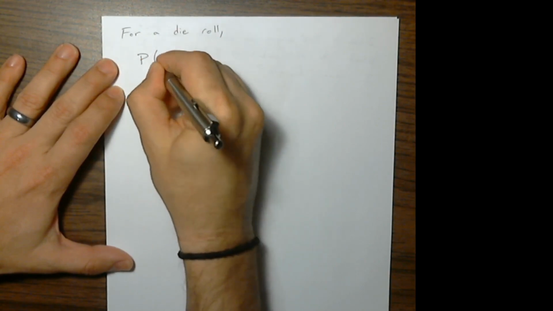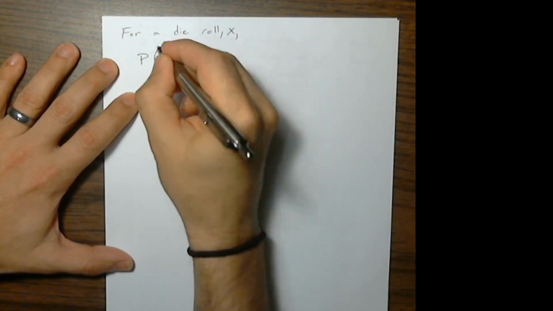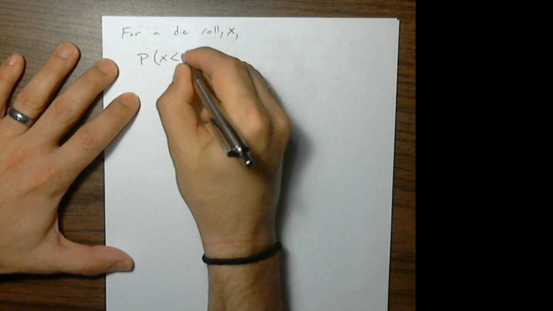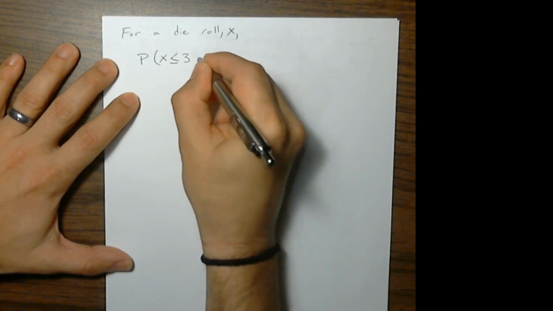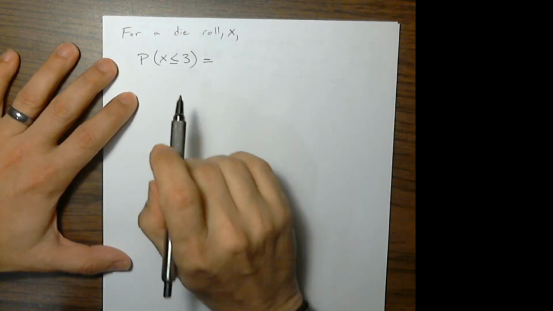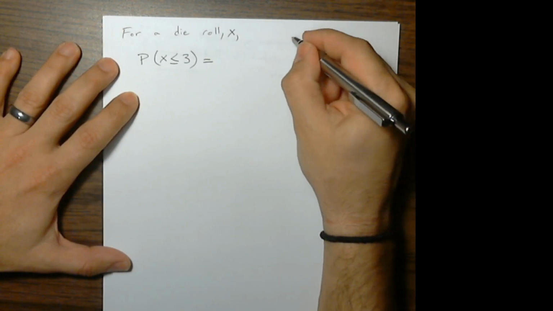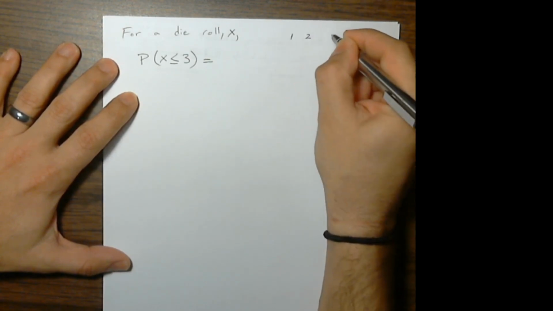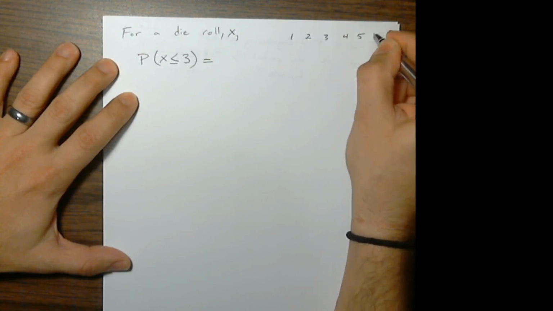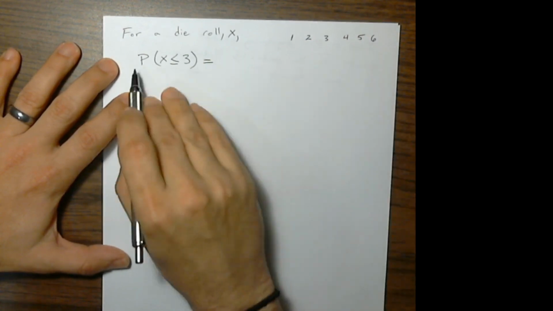What is the probability for a die roll X, let's say, that X is less than or equal to 3? Well, a die roll has 6 possible cases: 1, 2, 3, 4, 5, or 6, assuming a d6, a 6-sided die.